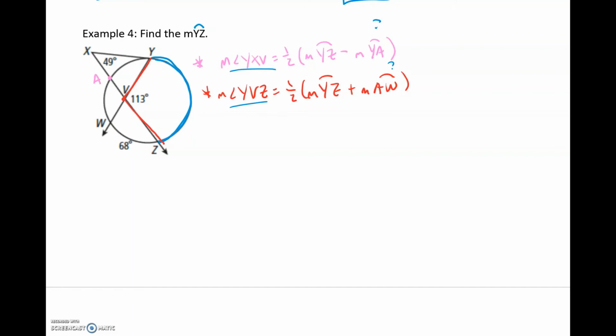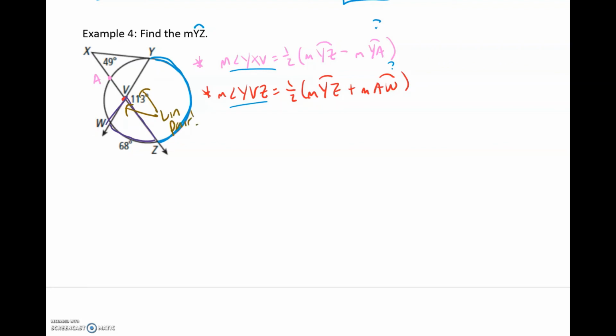And then what I'm going to notice here is, wait a minute, the problem also tells me arc WZ. So if I have arc WZ, I can bring that back and make a relationship with this angle WVZ. And then I might realize, wait a minute, I've got a linear pair right here.